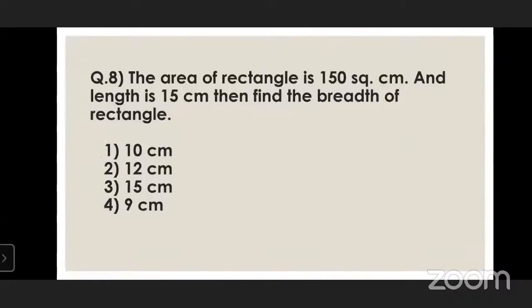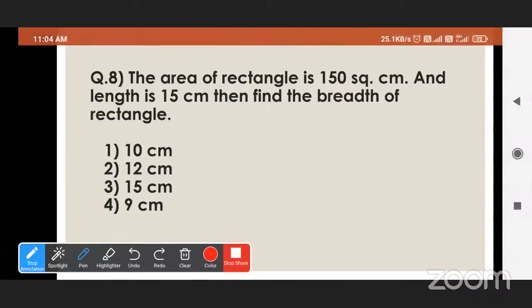Now question number 8: the area of a rectangle is 150 square centimeters and the length is 15 centimeters. Then find the breadth of the rectangle. So here the area is already given, that is 150, and the length is also given, 15 centimeters. So how to find out the breadth?